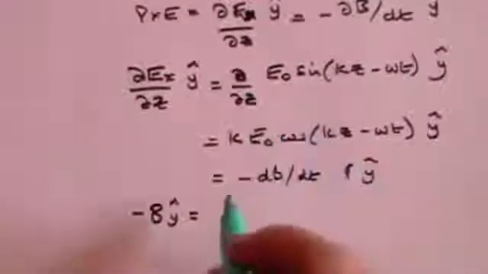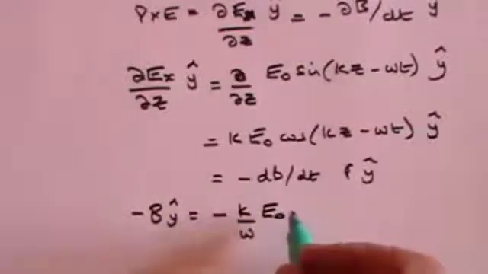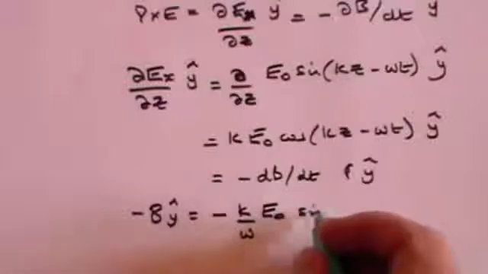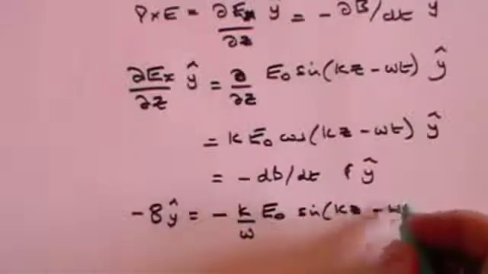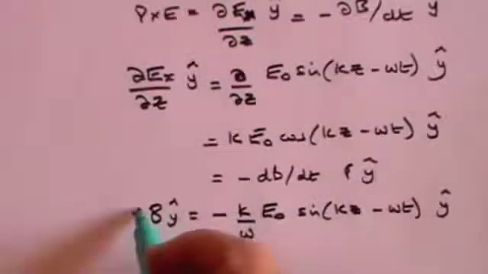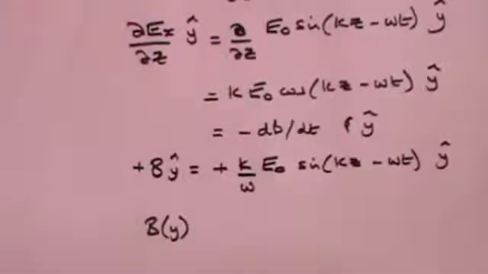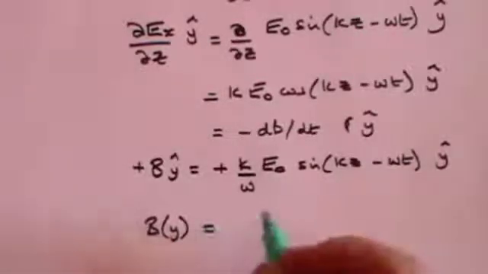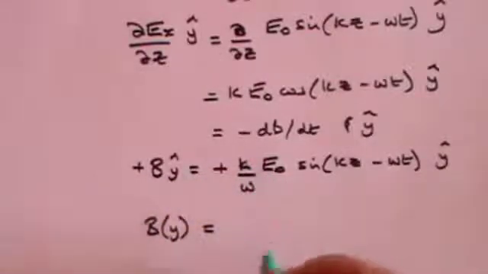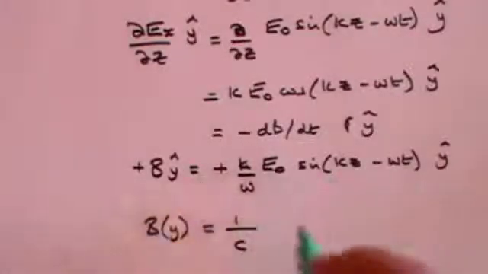So that will give you minus k over omega times E naught times the sine of (kz minus omega t) in the y direction. The first thing you can do is simply cancel the two minus signs. So now you've got B, which I'll put in brackets y just to show it's B in the y direction, is equal to k over omega. Well, that is simply 1 over the velocity, which is the speed of light, c, times E naught times the sine term. Well, that's just Ex.